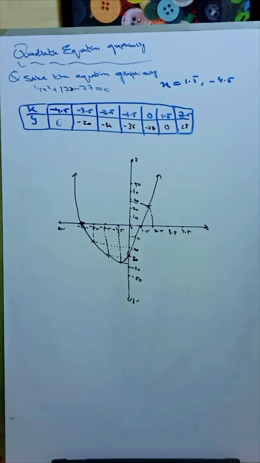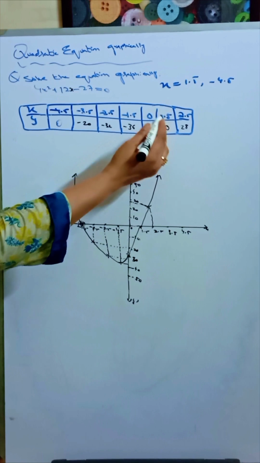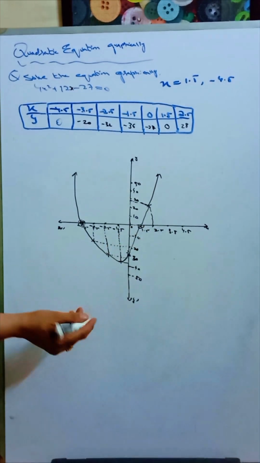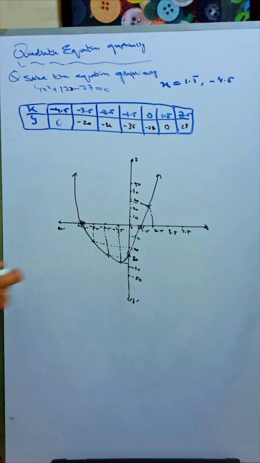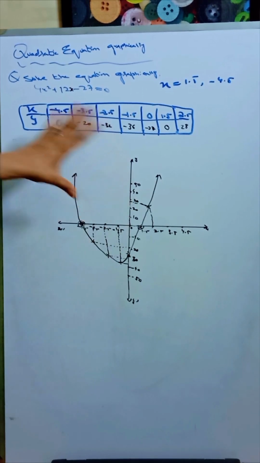It cuts the x-axis at minus 4.5 here and at 1.5 here. So this is the main point that we have to represent. Alright, most of the students directly just make the graph like that, but that's not correct. The correct way is to make a table, put the values in it, then you get your graph.